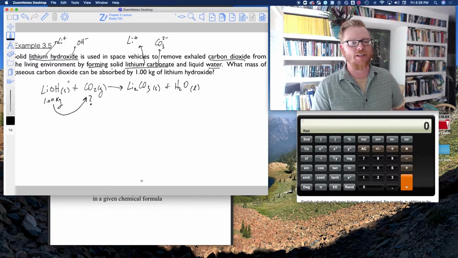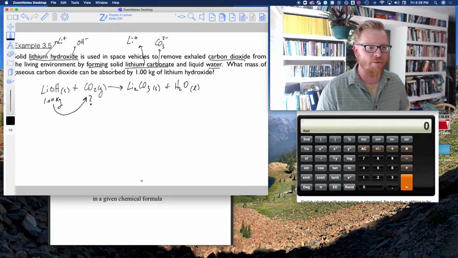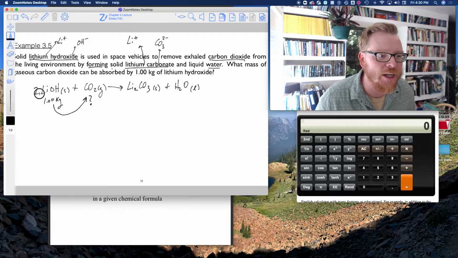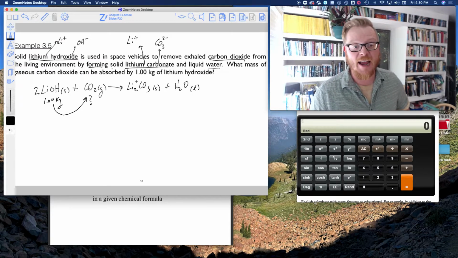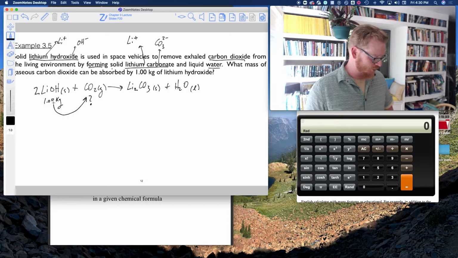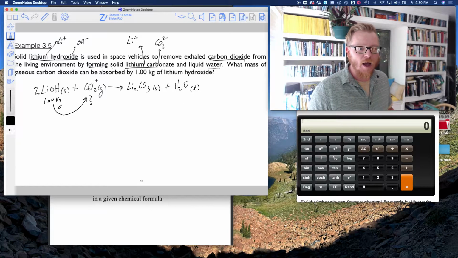Okay, so what I notice here when I start looking at the stuff that's obvious, I've got one lithium here and I've got two lithiums here. So that means I need to put a 2 here. So that means I got two lithiums, but it also means I added two hydroxides. So I'm going to have to balance the other stuff. And as we go through and look, okay, one carbon and one carbon, two lithiums and two lithiums. So we're all good there.